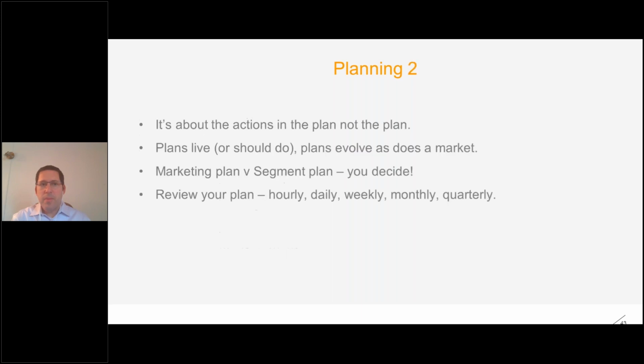Okay. So another point in terms of planning, it's about the actions in the plan, not the plan. As I've said to you before, sometimes you can get so caught up on your planning. It's like the old adage, if anybody has teenagers in the house or knows of people that are teenagers, I guess it's not relevant this year because the exams have been cancelled.